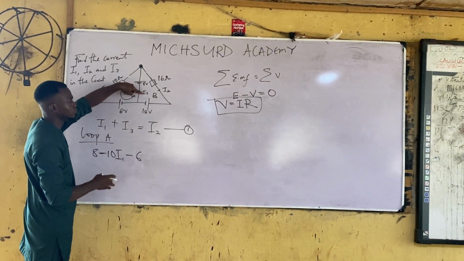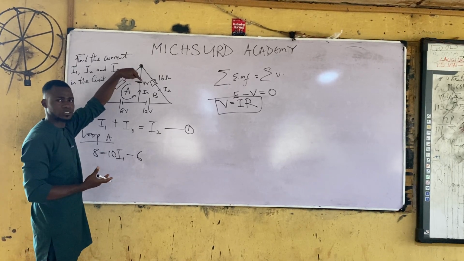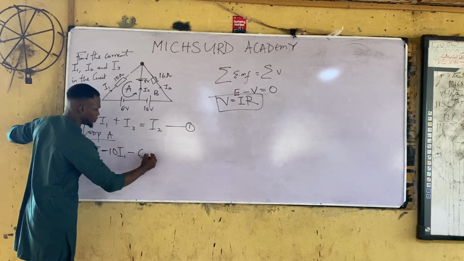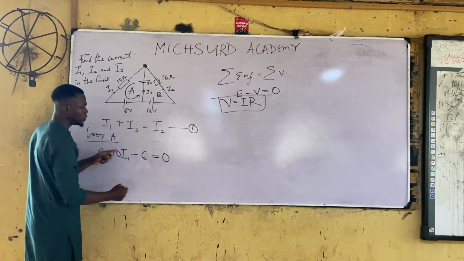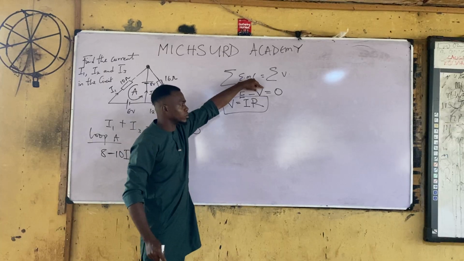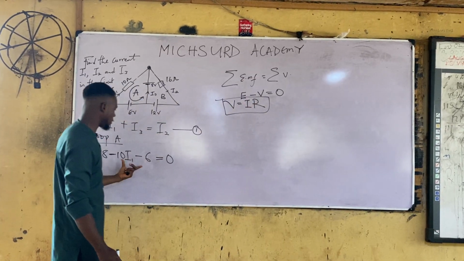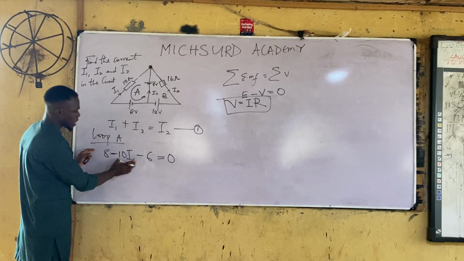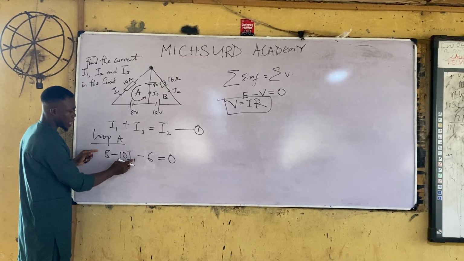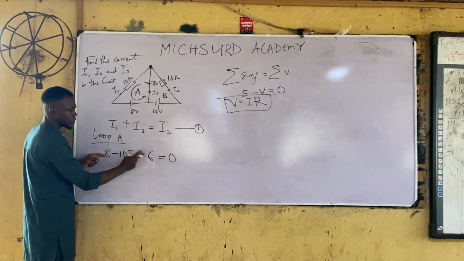But this I3 will be useless because there is no resistor to cause a potential drop. So that means we have just this equal to 0. Why do we equate to 0? From this law, it says the EMF minus the potential drop equals 0. So that is how we get this. Now, I can find my I1 from here. If we make I1 the subject of the formula, we first of all look at 8 minus 6, which gives us 2.